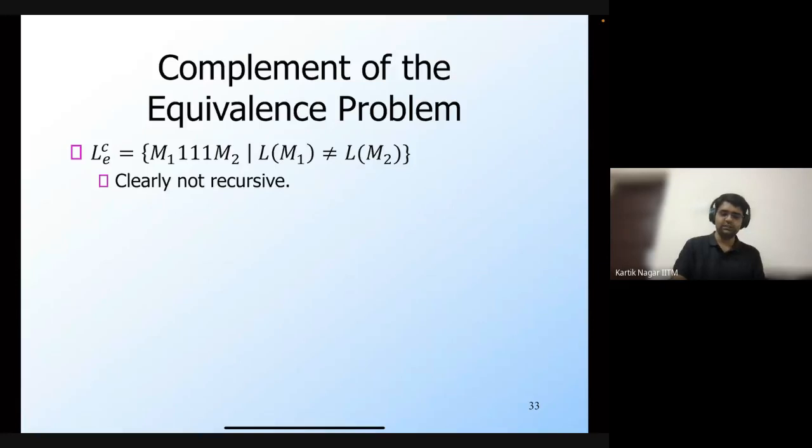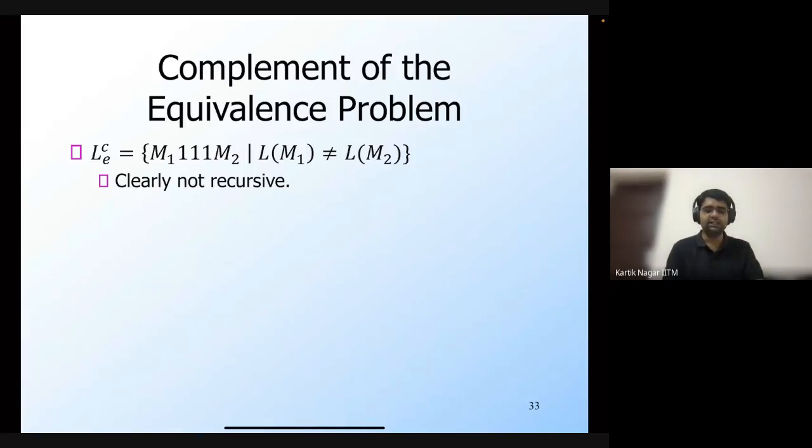It's clearly undecidable, and the reason is that we saw this earlier lemma in the last lecture, that if a problem is undecidable, then its complement is also guaranteed to be undecidable. So since we know that the equivalence problem is undecidable, its complement is also going to be undecidable. Therefore, it's clearly not recursive.